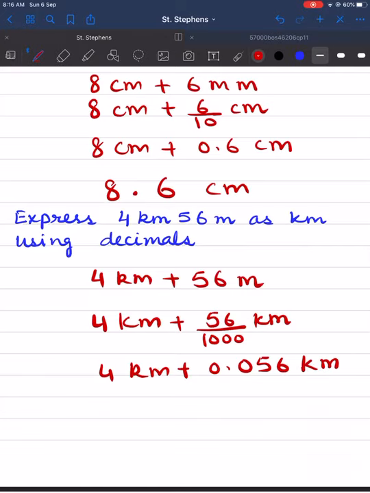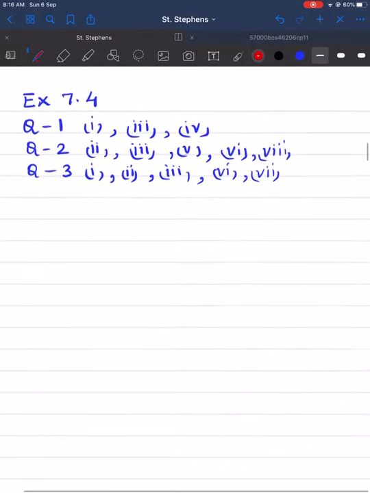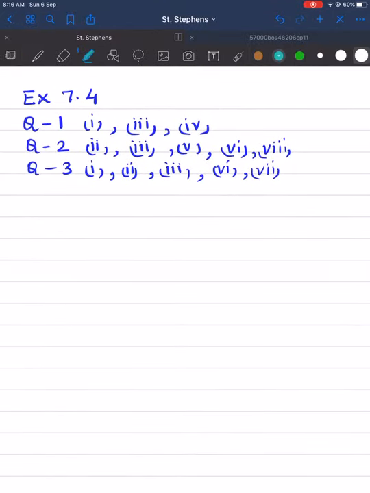Now here 4 is the whole part and 0.056 is the decimal part. So we get 4.056 kilometers.